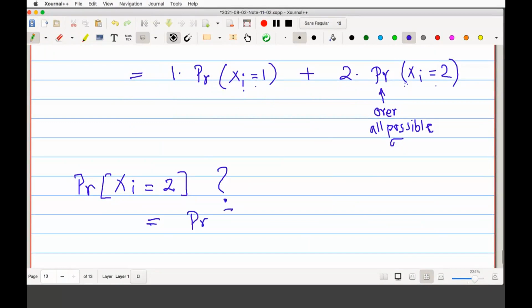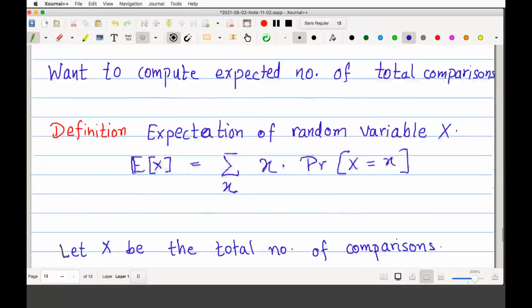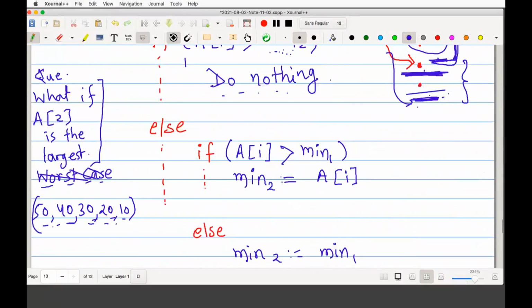Can we write this xi equal to 2 in terms of AI? What should be true about AI for xi to be equal to 2? Minimum among... Right, AI must be less than the second minimum.